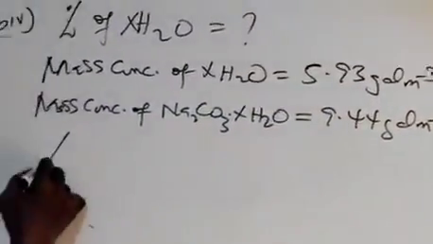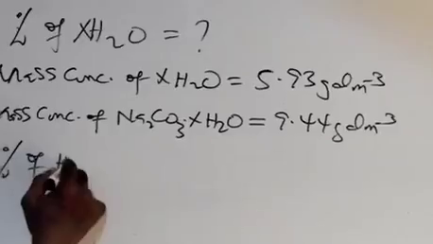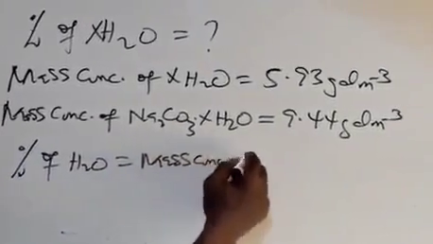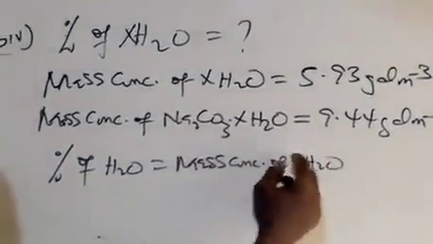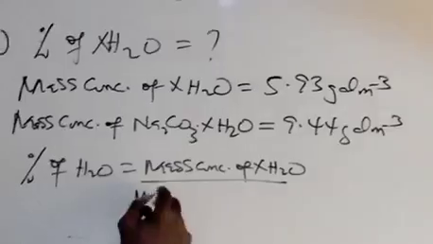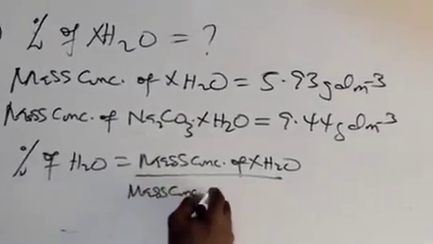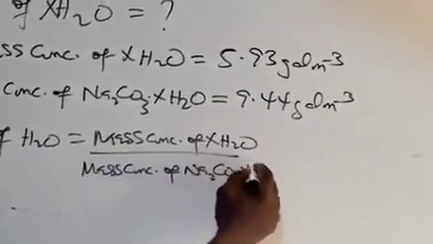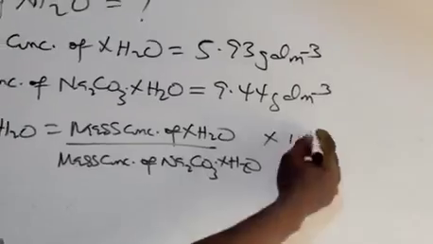So the percentage of water will now become the mass concentration of water in the salt over the mass concentration of the hydrated compound, multiplied by 100 over 1.